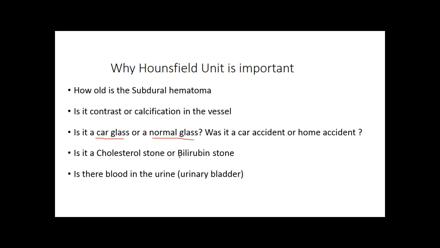You can know if the urine has blood or pus or is just pure urine. And for ladies, you can also know if your jewelry is made of pure gold or mixed with copper. They have different Hounsfield units.